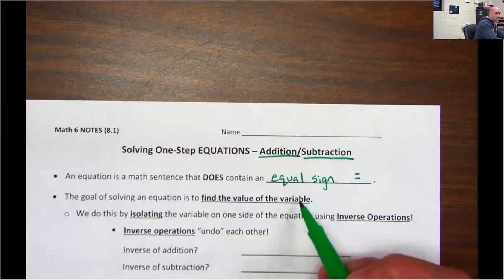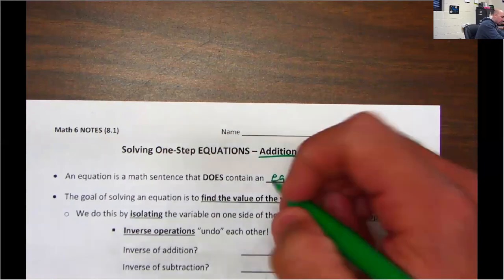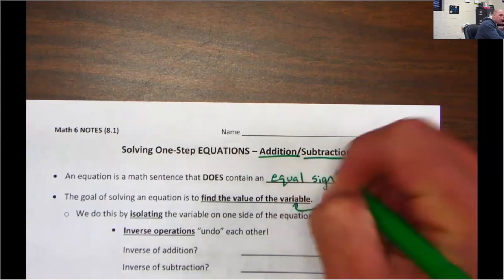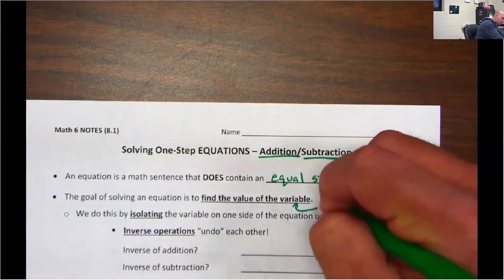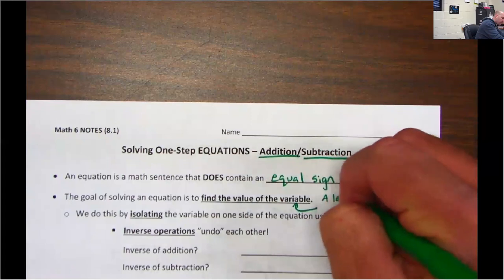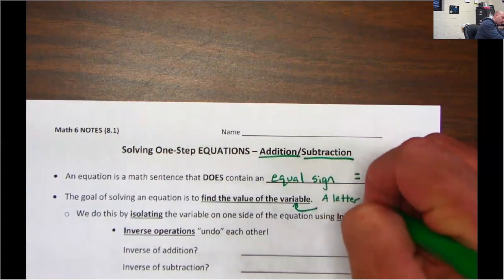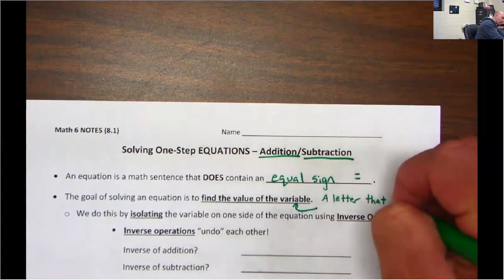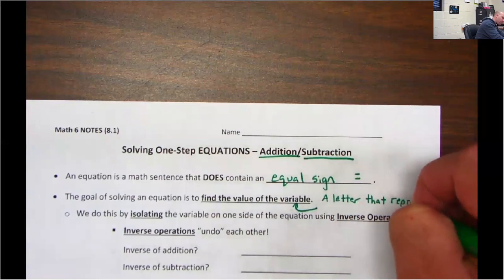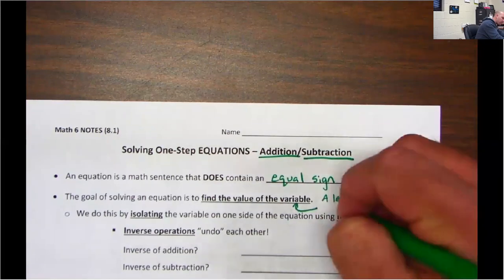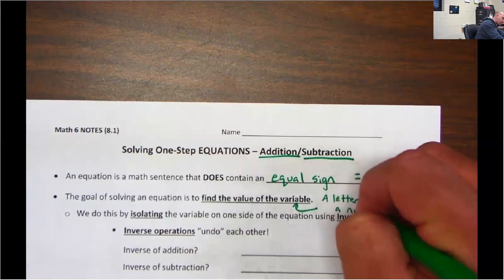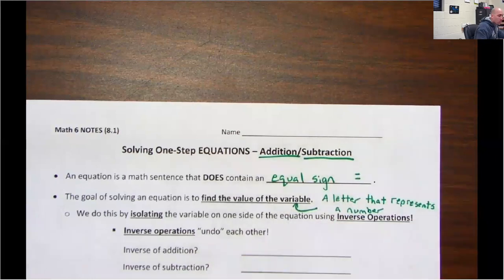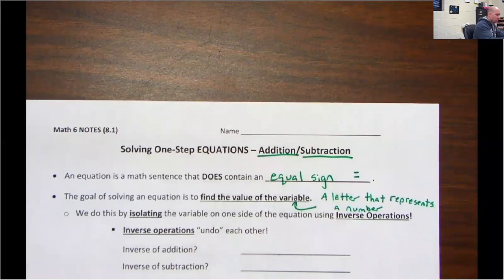Guys, a variable is a letter that represents a number. I'm going to write that off to the side. You don't have to if you don't want to. We do this by isolating the variable or letter on one side of the equation using the inverse operation.